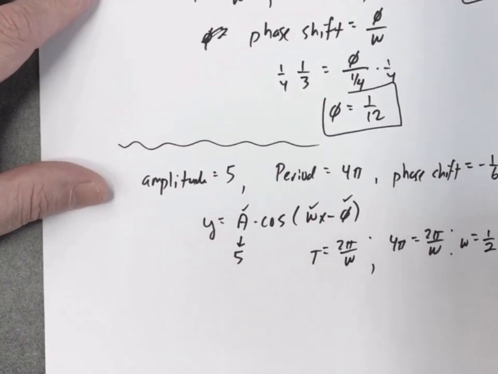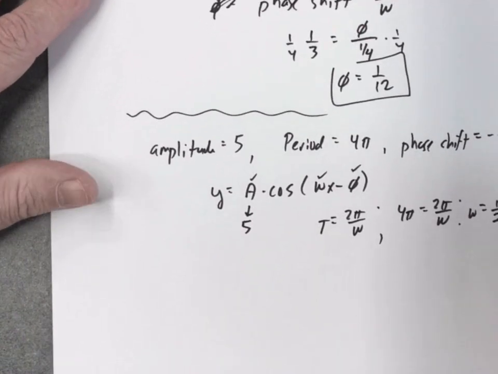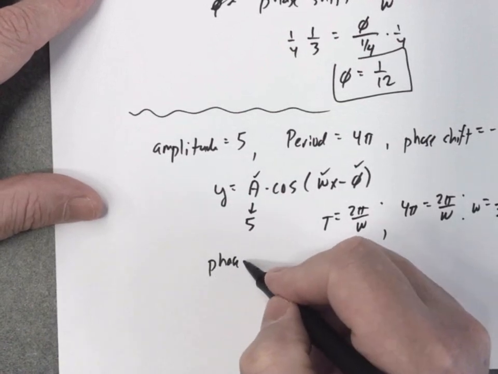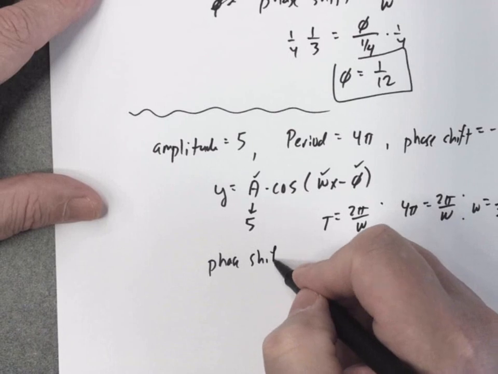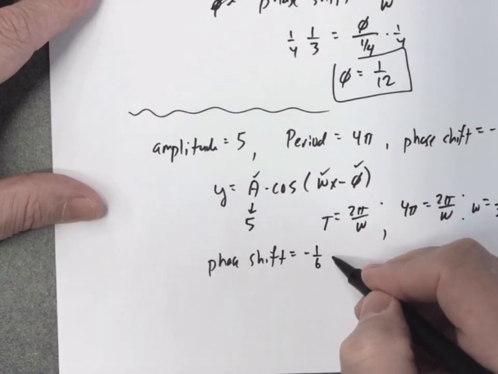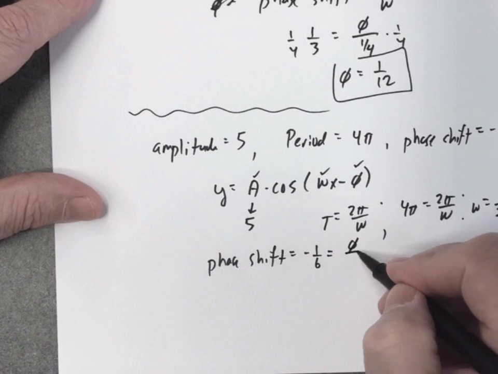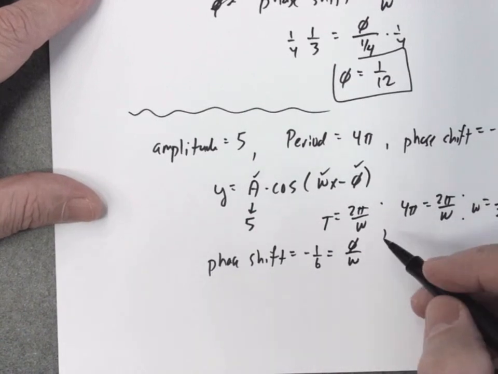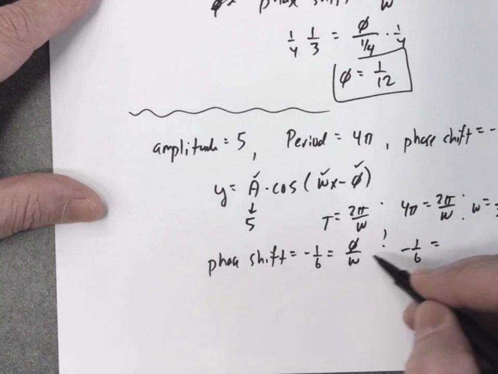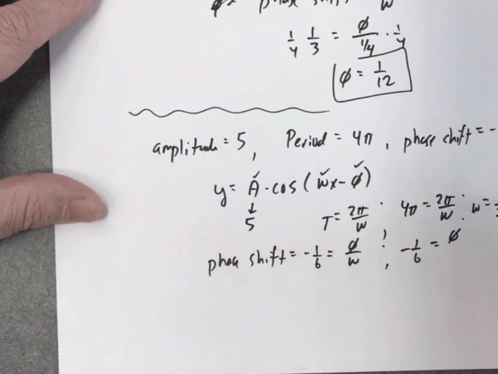I believe omega should be 1/2. And the phase shift, which is actually -1/6, we know that equals phi over omega. So -1/6, we just determined omega to be 1/2.